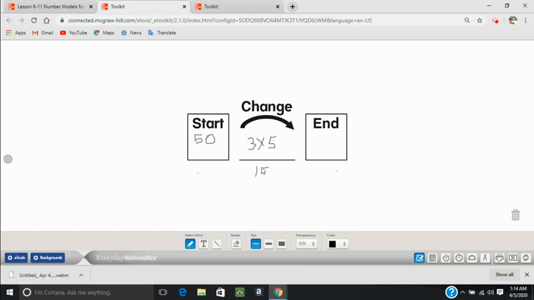So I'm going to write that underneath here. And we do not know what he ended with yet. So now I have to go 50 minus 15. I'm going to draw that over here. So that's a little tougher because we have a bottom bigger that we have to borrow.